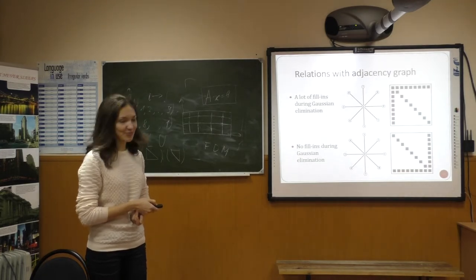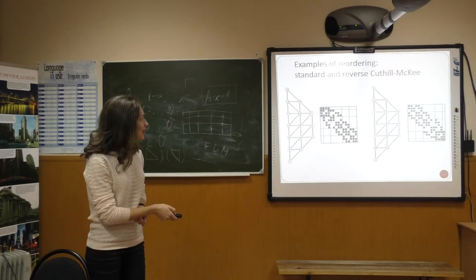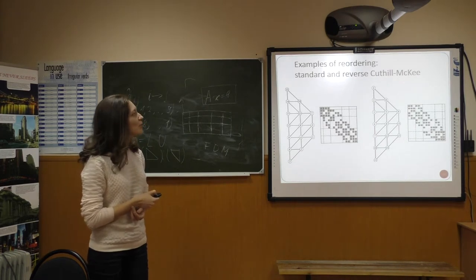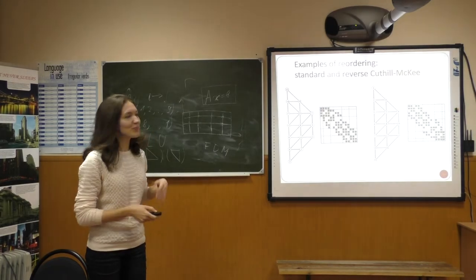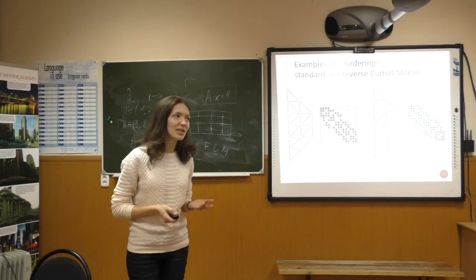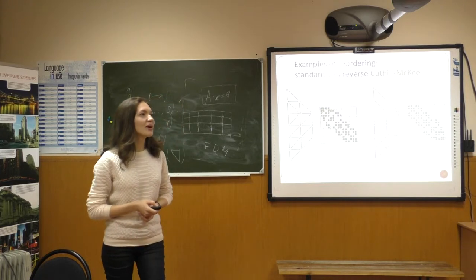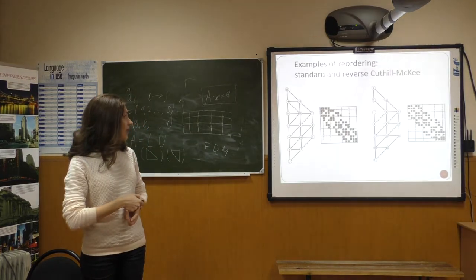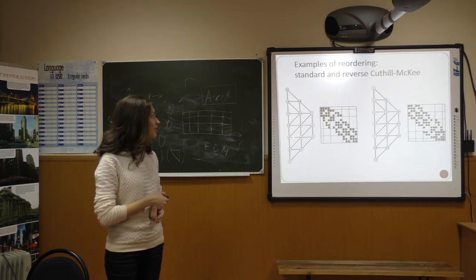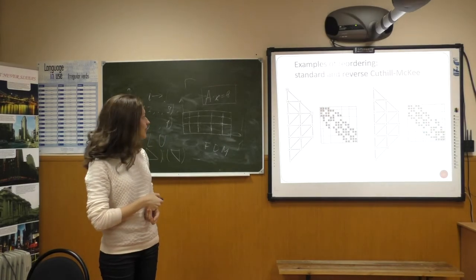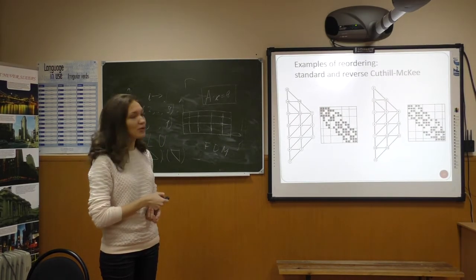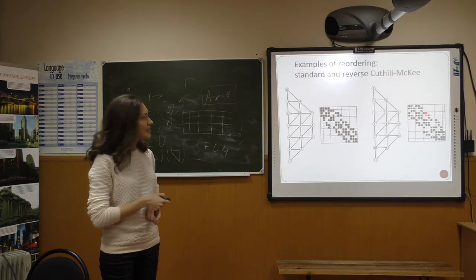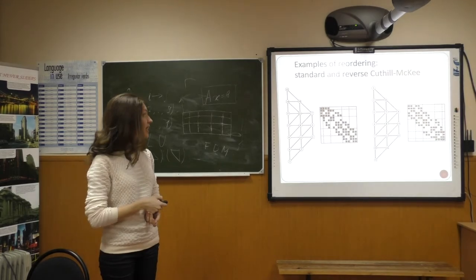and another matrix will have no fill-ins during Gaussian elimination. Okay, so this is another example of reordering, by the Cuthill-McKee algorithm. I will not explain the details of this algorithm; you can refer to the book of Saad. But again, we have here the same finite element grid, but different orders of the nodes. So we receive different patterns of sparse matrices.